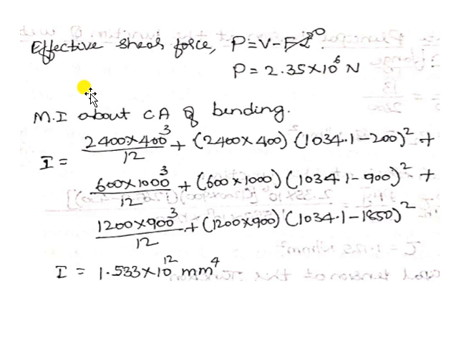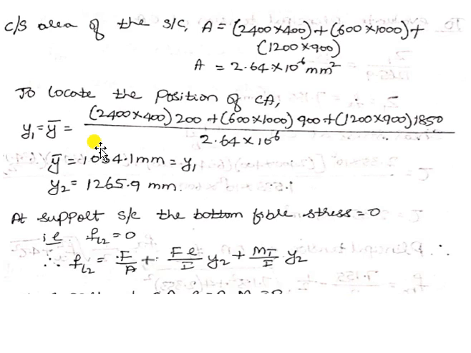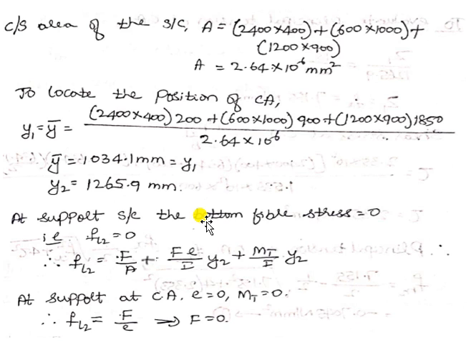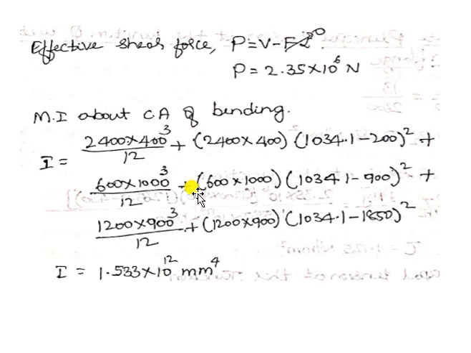And the moment of inertia about the centroidal axis of bending is calculated here. So bd cube by 12 for this section, plus A into Rx square.